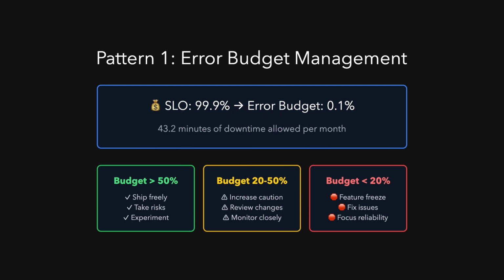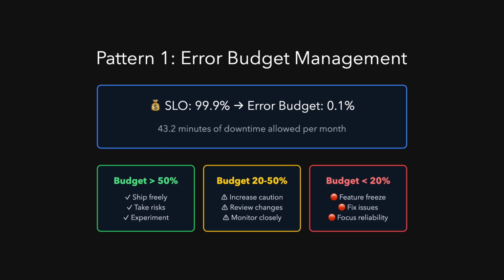So let's do the math. 1 month equals 43,200 minutes, and 0.1% of these minutes equals 43.2 minutes. So that 43.2 minutes is your error budget. It's your allowance of unreliability.